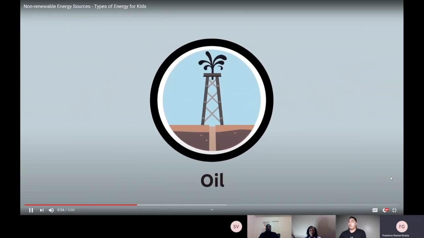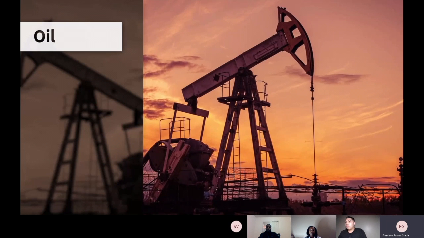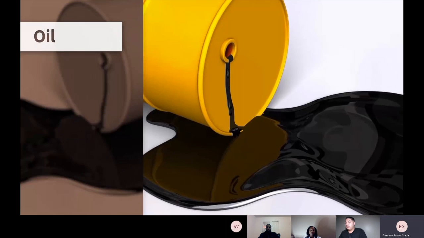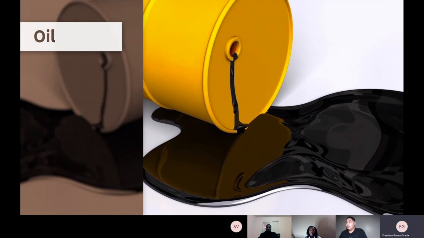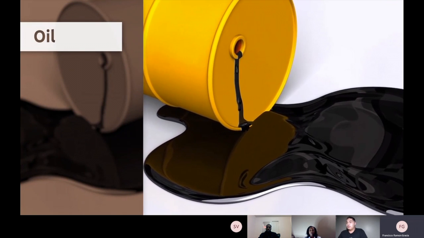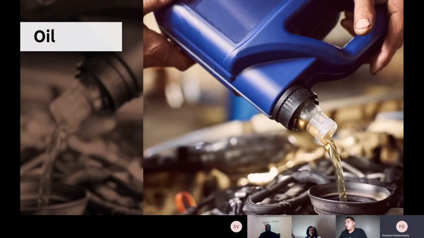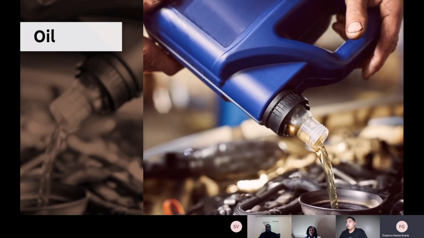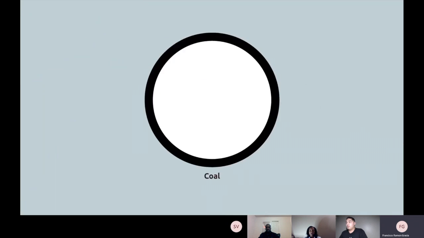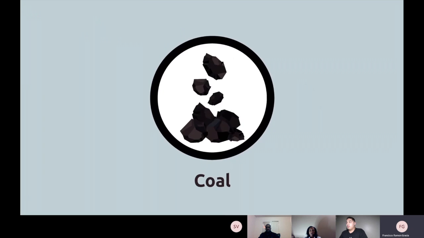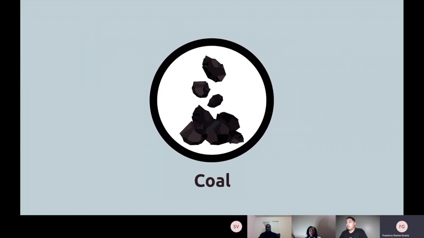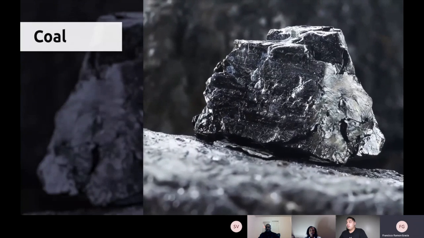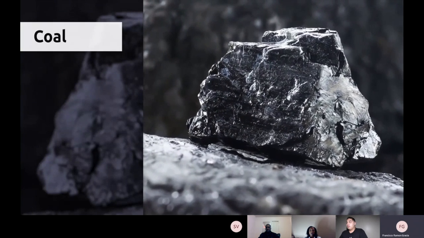Oil is found under the Earth's surface. It's a liquid substance formed by a mixture of hydrocarbons. Oil has a strong smell and dark color. Oil is used to produce fuels like gasoline or gas oil, which we use to power the engines of vehicles. Coal is a rock that is extracted from open-pit underground mines. It's a black substance formed by the fossilization of the dead remains of plants.